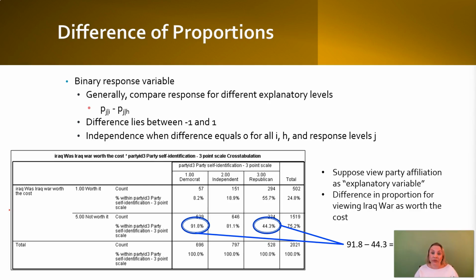So suppose you view party affiliation as an explanatory variable. The difference in proportion for viewing Iraq war was worth the cost. So if we look at it that way, because we have 91.8% for Democrat and 44.3% for Republican, we see that we have a 47.5% difference between our responses and the response rates based on whether or not they were Democrat or Republican.